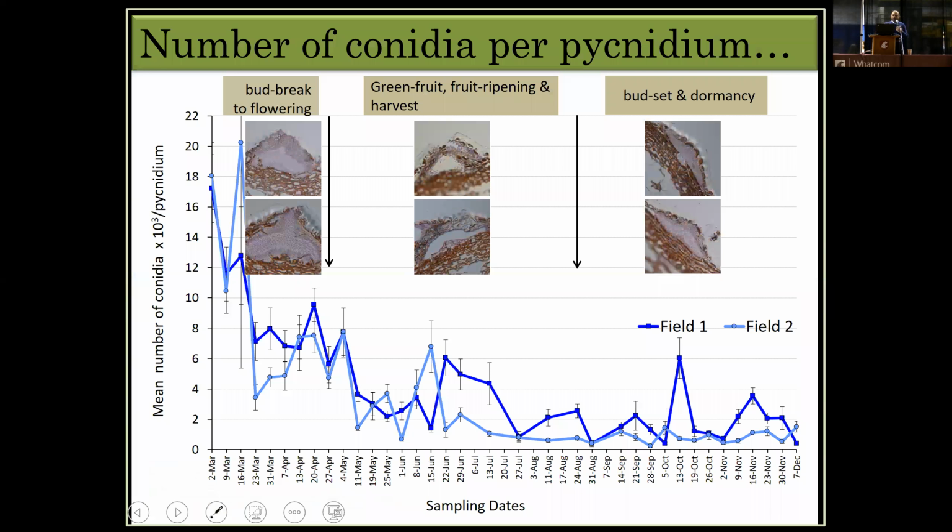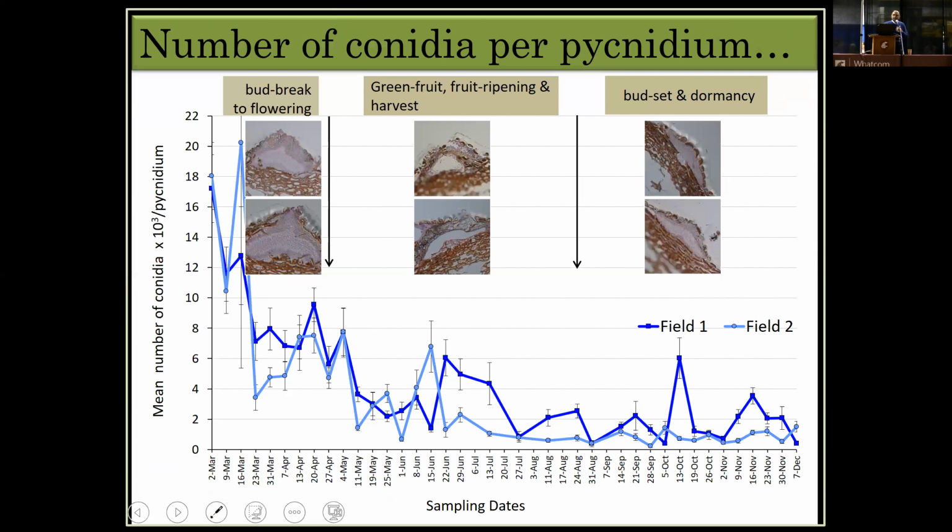And so if you look at it more deeply, this is the graph I produced earlier with the Pycnidium number and the conidial number in each Pycnidium throughout the season. So early in the season, you see these Pycnidia release stages, and in the middle of the season, the summer, these are all empty.